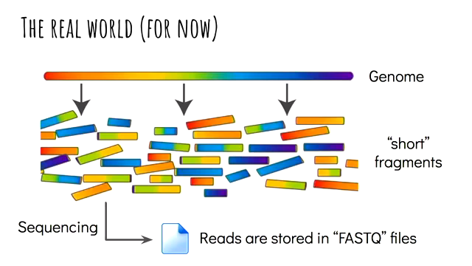And so for now, in the real world, we have to take our single pieces of DNA, our chromosomes, our replicons, whatever they happen to be, and we have to break them down into smaller pieces to be able to read them. And we can do that either enzymatically or with a sonic probe, ultrasonic shearing or something.